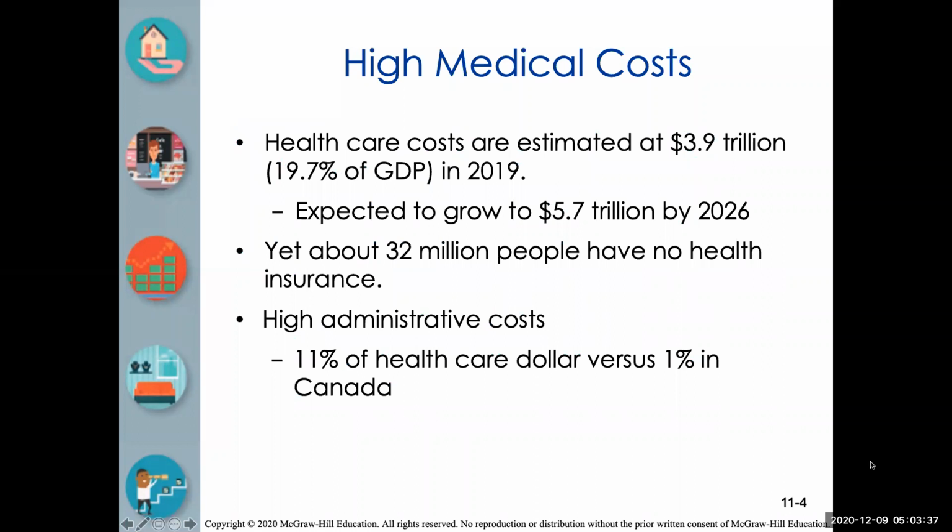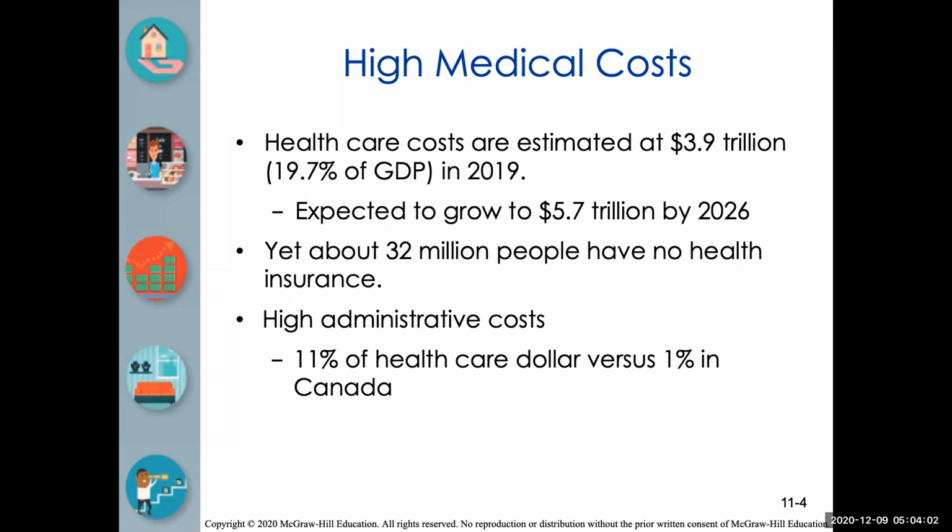So in general, if we compare the overall cost of healthcare to the GDP of the United States, the GDP in 2019 was roughly $20 trillion, something like that.